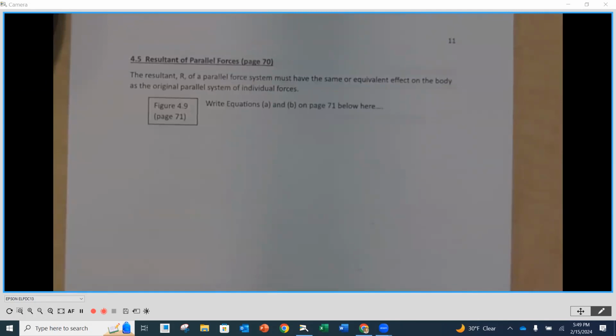So thinking back to when we're in module 2, we wanted to know what was the resultant force of a concurrent force system. That's where we had a common point, whether it was the point of application or a point of intersection. But we wanted to know what was the one force that would replace 2 or more forces and have the same net effect on the point.